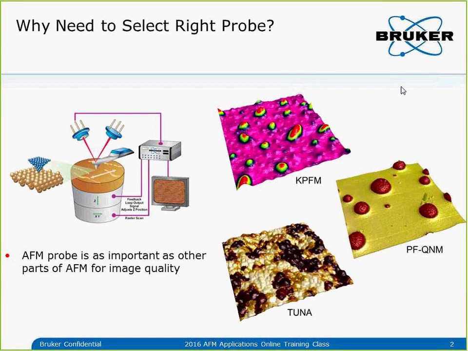The AFM probe is a very important component in the whole AFM system. Its importance is as great as other parts of the AFM, like the controller and scanners. And sometimes the importance of the AFM probe is underestimated.